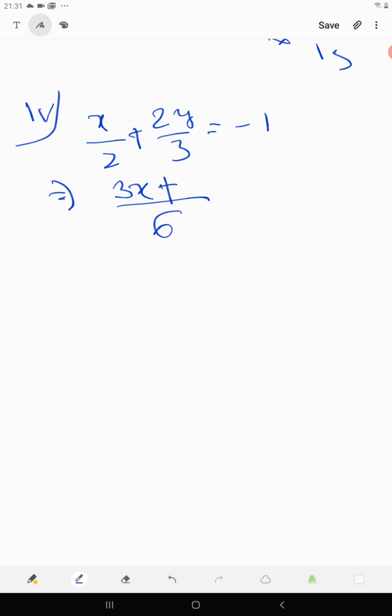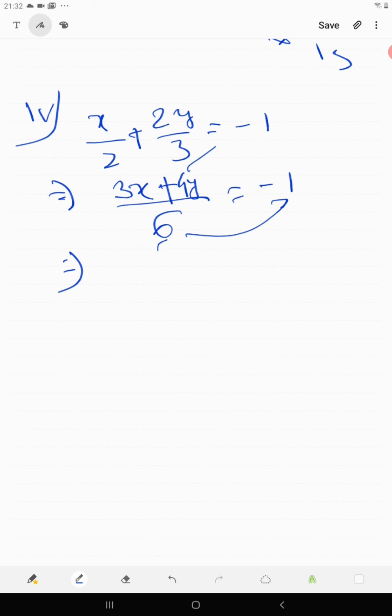Then plus, now 6 divided by 3 is 2, and that 2 will be multiplied with 2y. It will give you 4y equals minus 1. Now this 6 will go to the right hand side. 6 is division over here, so it will go and multiply with the numerator, that is minus 1.